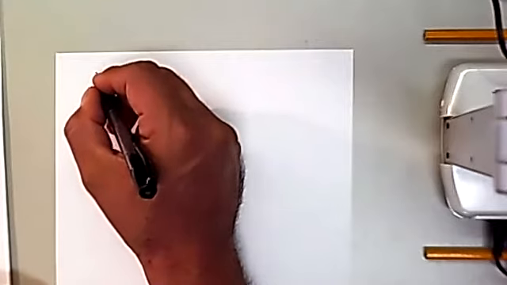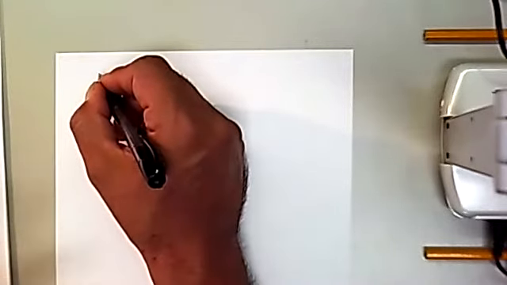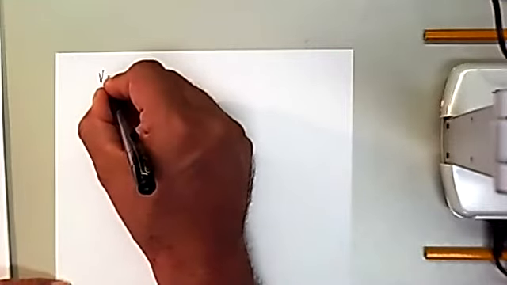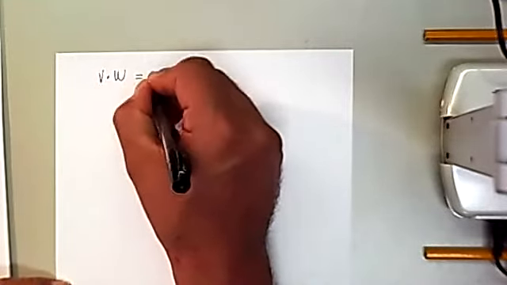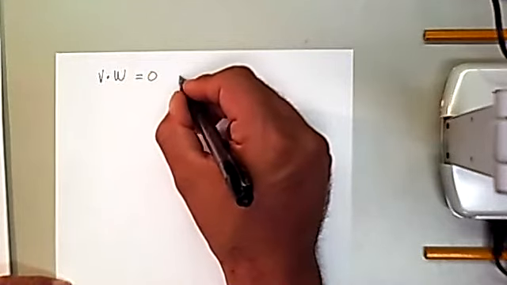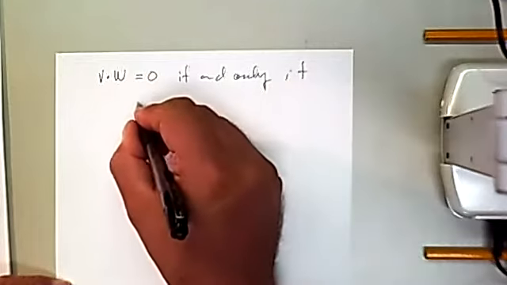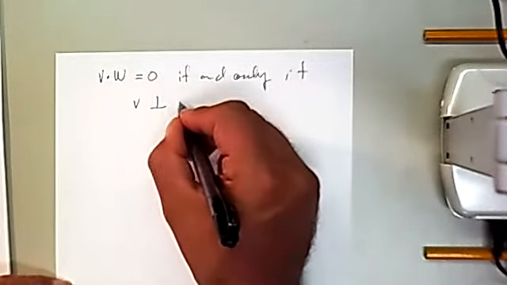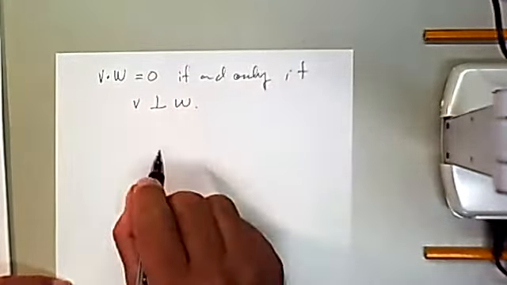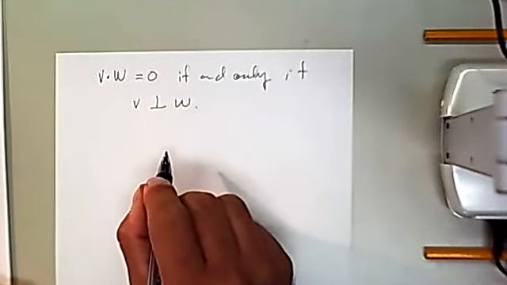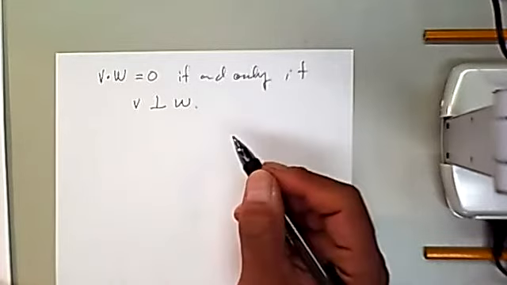Another quick fact. We already established this in part one of the videos on dot product and cross product, but I'm going to repeat it one quick time. V dot W is equal to 0 if and only if V is perpendicular to W. We are assuming that the zero vector is perpendicular to all vectors.